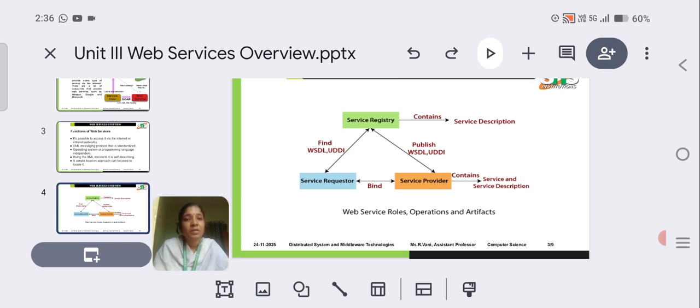It finds the information that the user requests from this server and gives a detailed description of the information that the user required. For a service provider, the service registry is used so that the provider's information will be published and stored in the service registry.